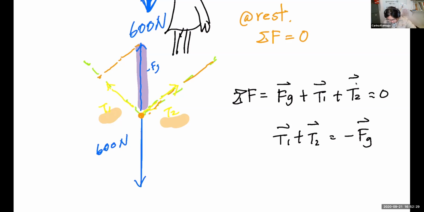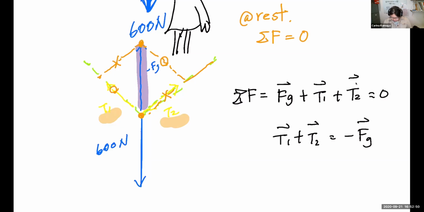Same thing for the other. You see that this line is parallel to this line, and this line is parallel to this one, and I make sure that they intersect at the end of the minus 600 Newton.